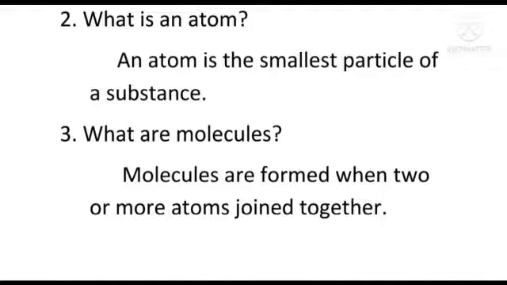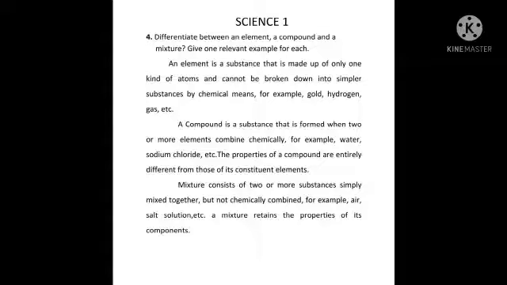Okay. So, what is an atom? An atom is the smallest particle of a substance. Without looking, you say all of you. What are molecules? Molecules are formed when two or more atoms join together.